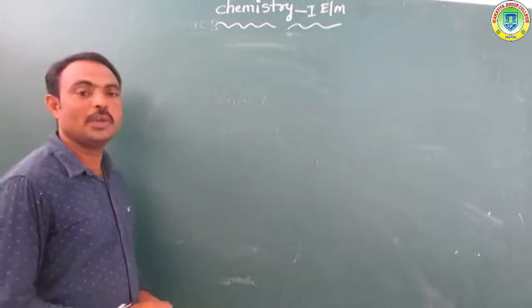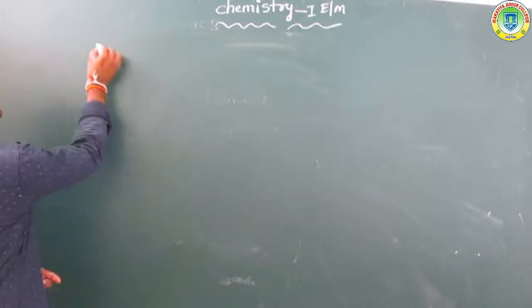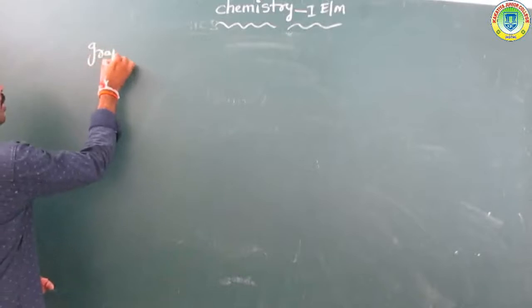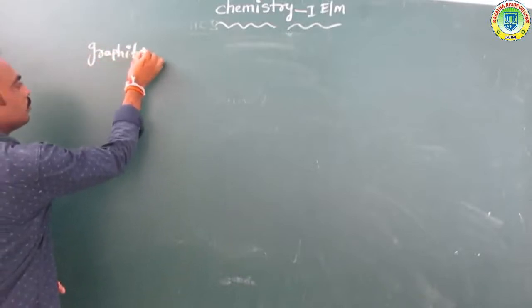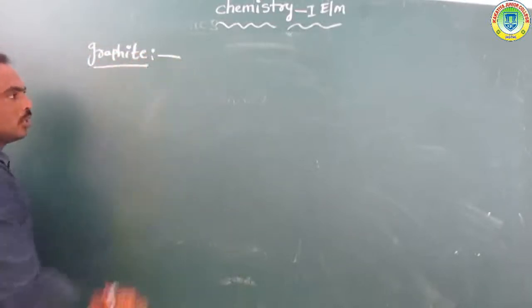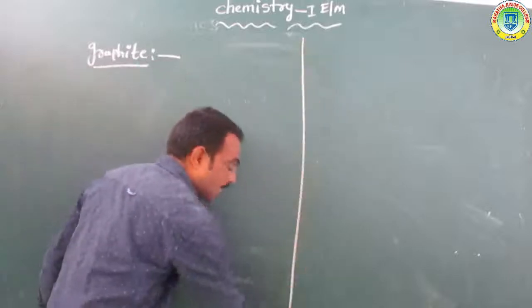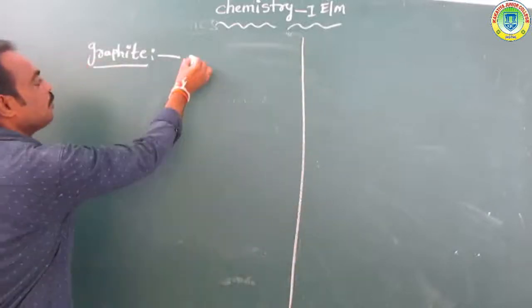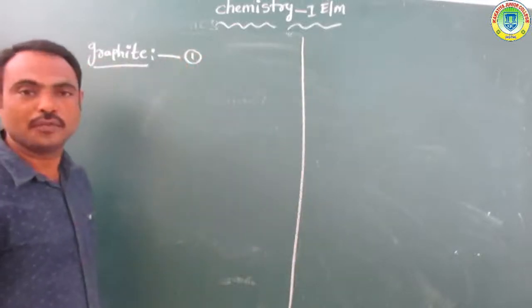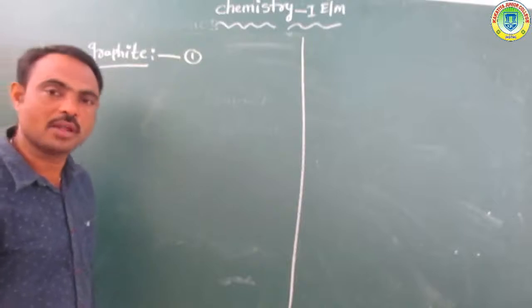Today's topic is graphite. Graphite is also one of the best examples of crystalline allotropy of carbon.